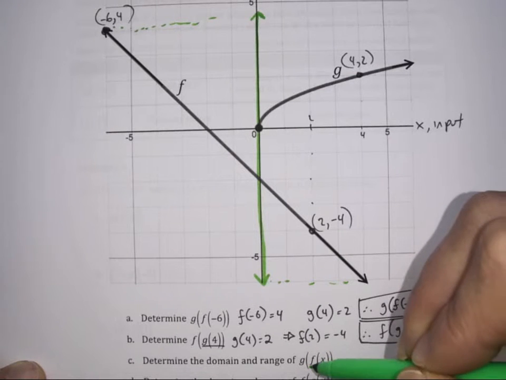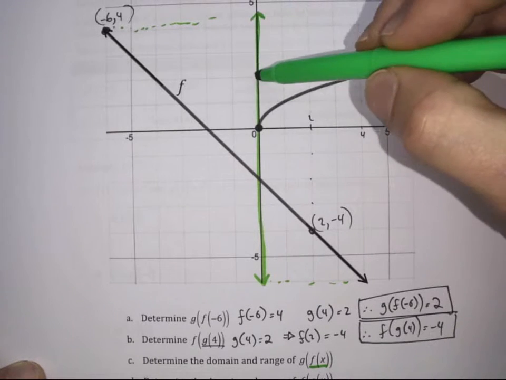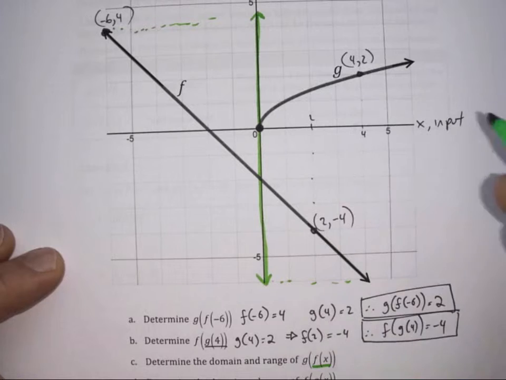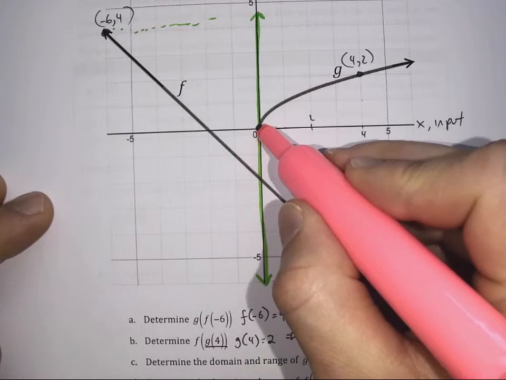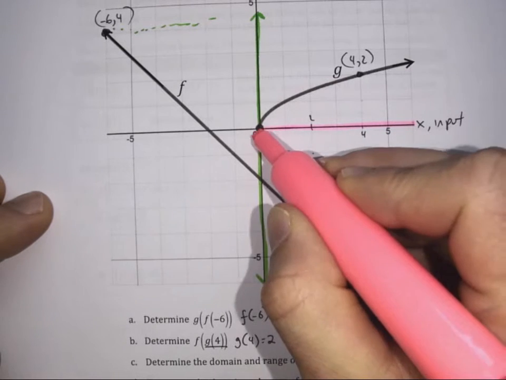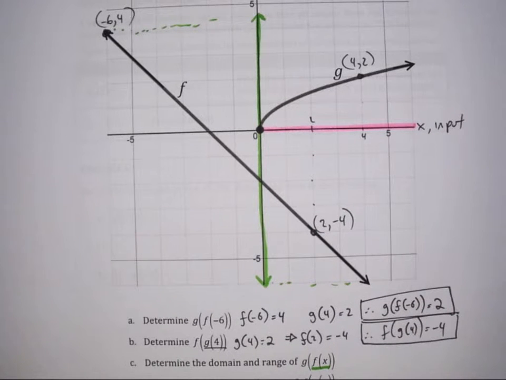So what kind of outputs can go into g? The acceptable inputs for g are positive numbers or 0, which isn't positive or negative. Another way to say that is non-negative numbers.